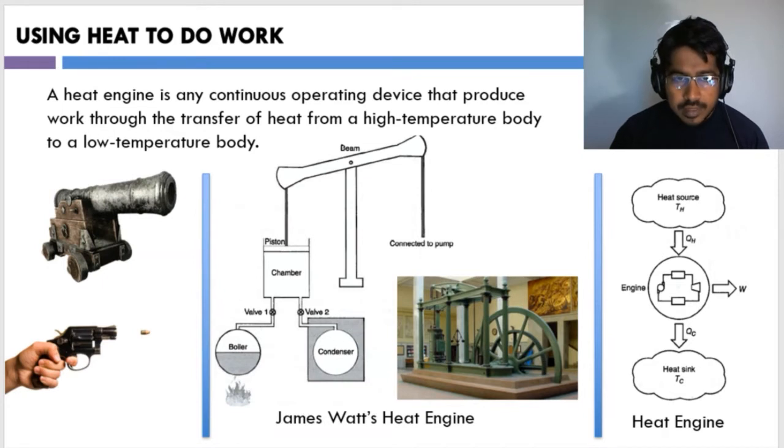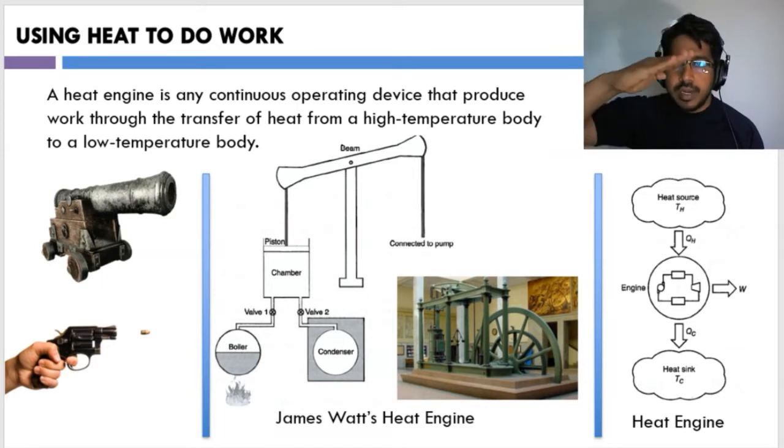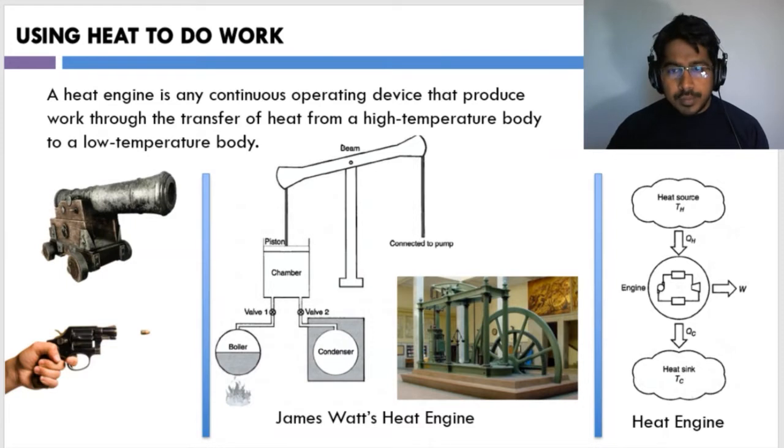Basically, this end of this beam comes down, and with that, this end goes up. So you can get a motion like this, right? With that, you can pump water, and this is around 1840, if I'm not mistaken. Don't misinterpret this one. It is not the first steam engine in my understanding.